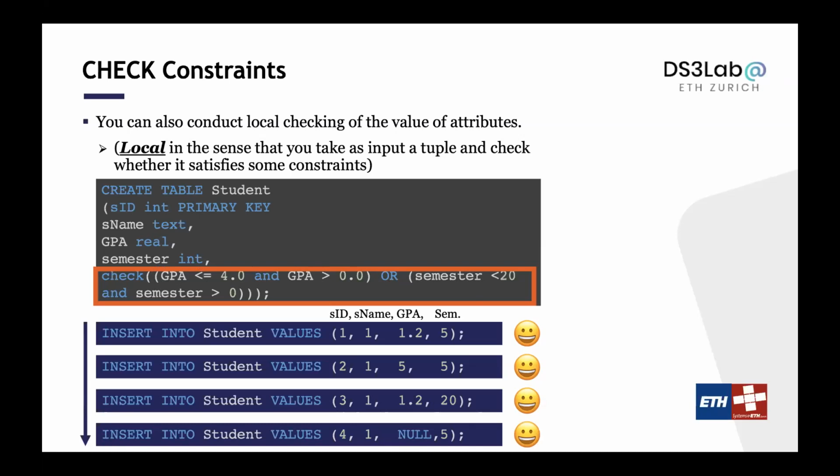Because I'm connecting them with OR, the whole thing is going to be evaluated to true. Unknown or true is going to be true. So it's a kind of three-value logic instead of just true or false. In this case, because the whole thing evaluated to true, I'm okay.